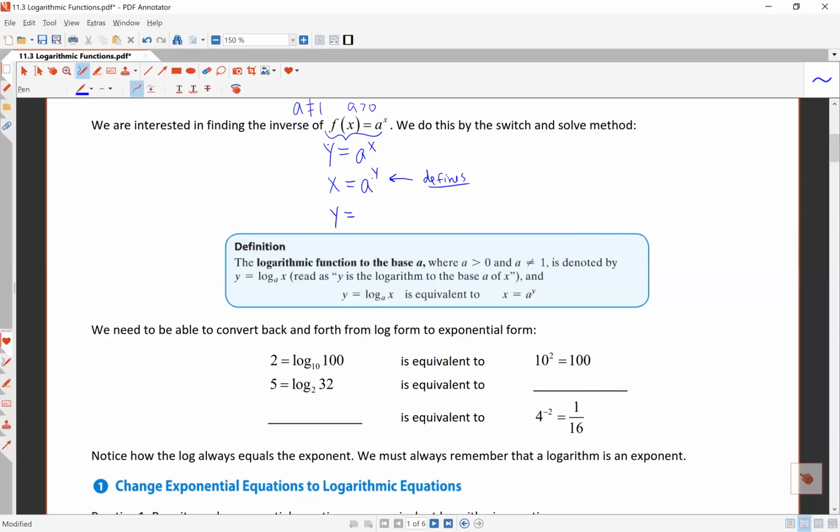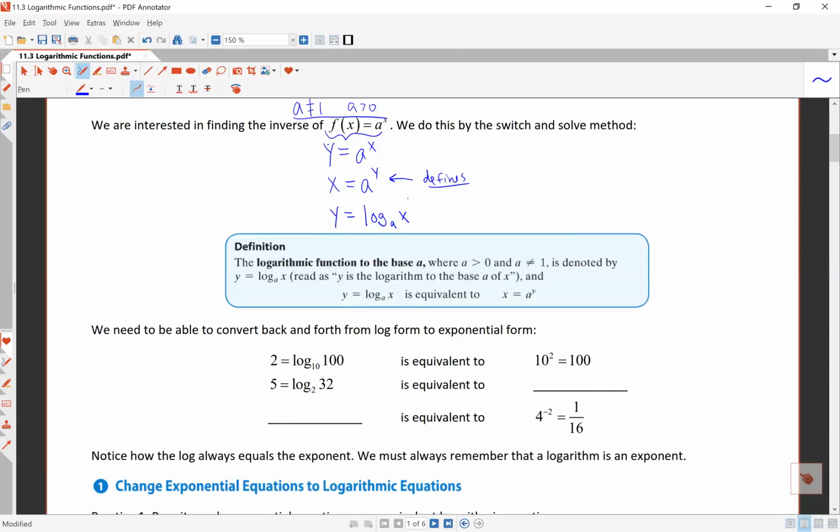So someone came along with, let's call this the logarithmic function to the base a, where a has the same restrictions as before. It's denoted as y equals log base a of x, or read, y is the logarithm to the base a of x.